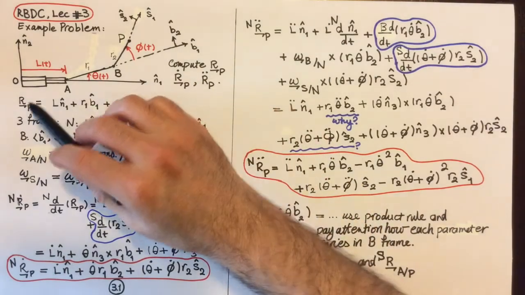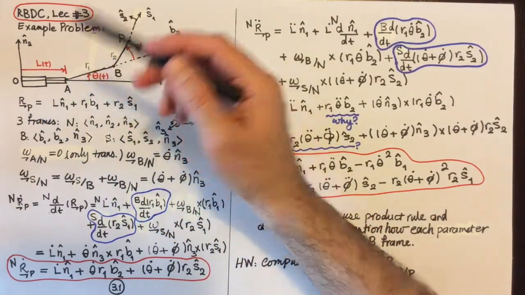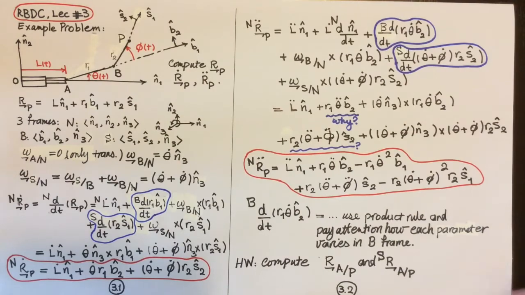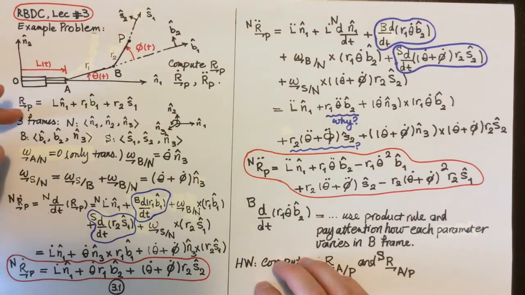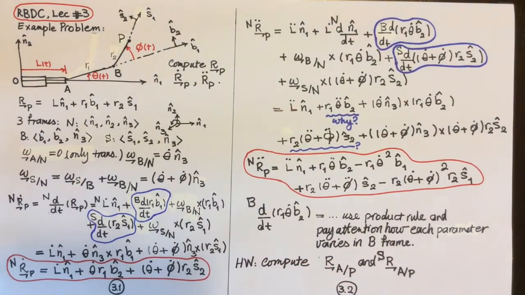Now this was our R_P, the position vector. So what I'm going to do is differentiate this vector, and then use our fundamental relationship relating the time differentiation of vectors to simplify that.